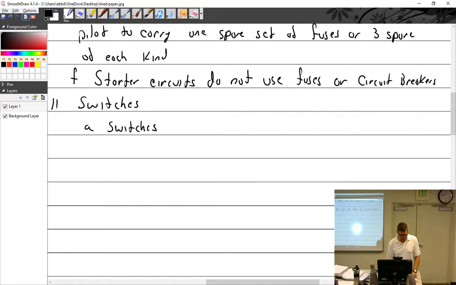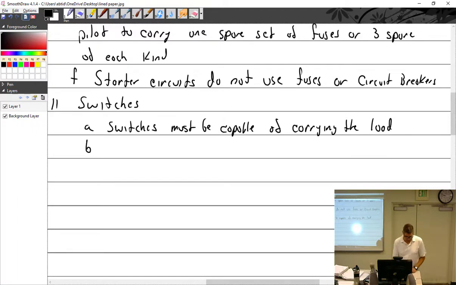So switches must be capable of carrying the load. Now, if it's much of a load, don't run the load through a switch. You run it through a relay.